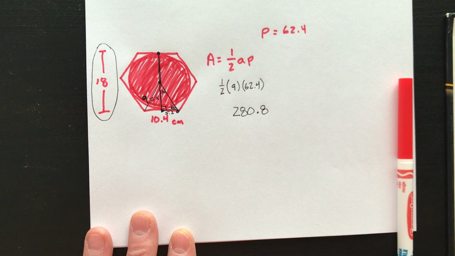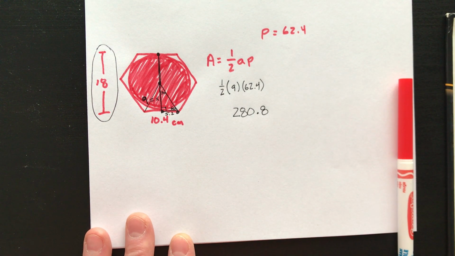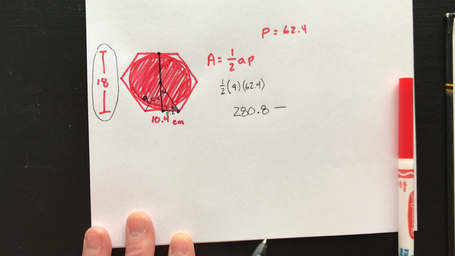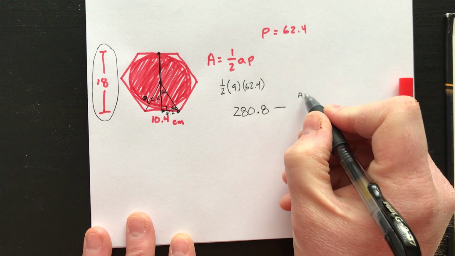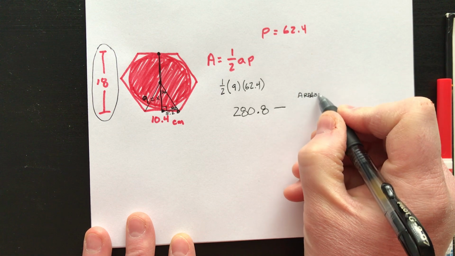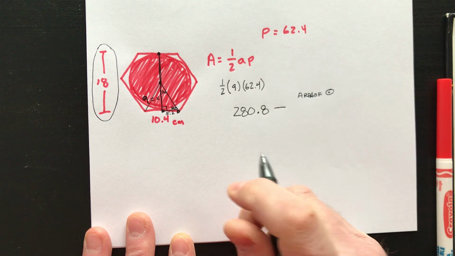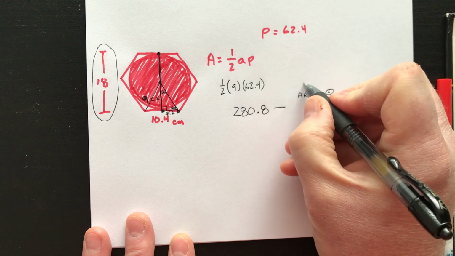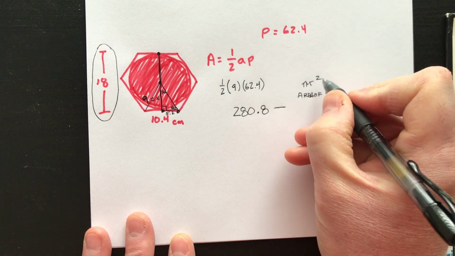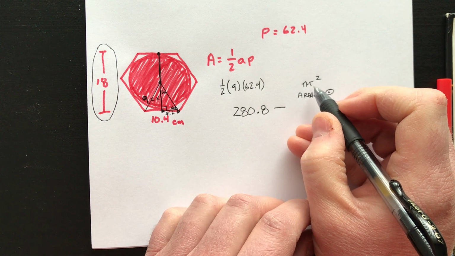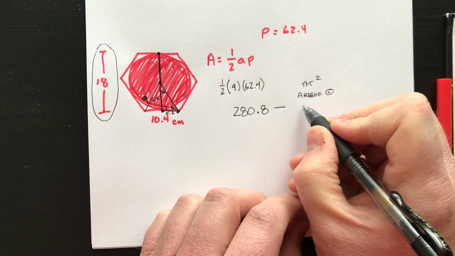Now, we need to subtract out the area of the circle. Area of circle, which is pi r squared. Well, we know what r squared is. 9 squared is 81.